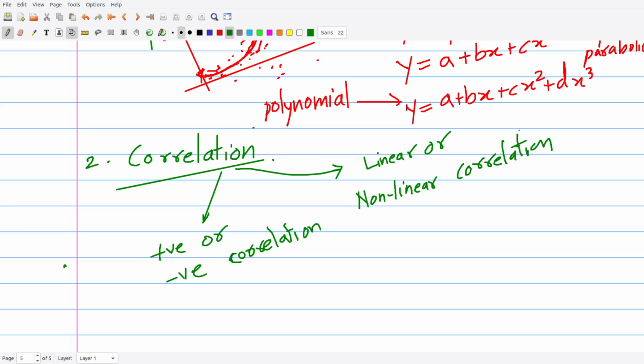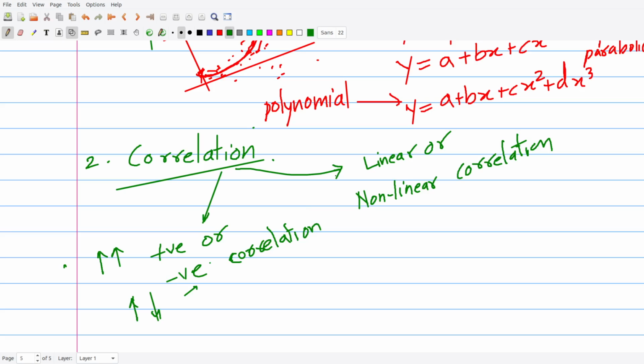If the values of two variables change in the same direction, if an increase in one variable leads to an increase in the other, this correlation is said to be positive. It is said to be negative when one variable increases and the other decreases.